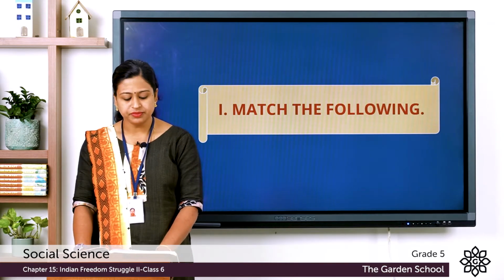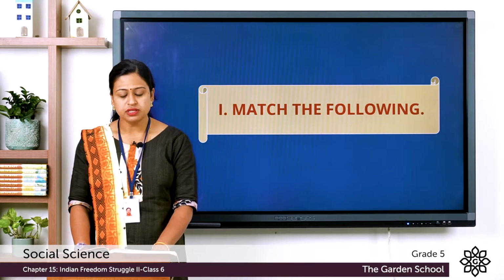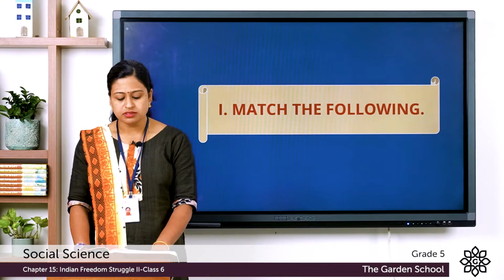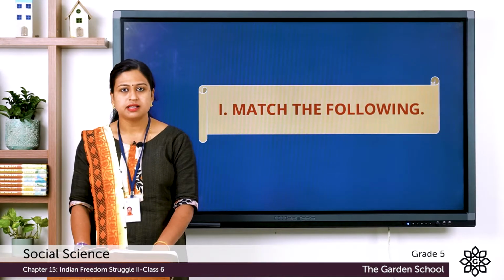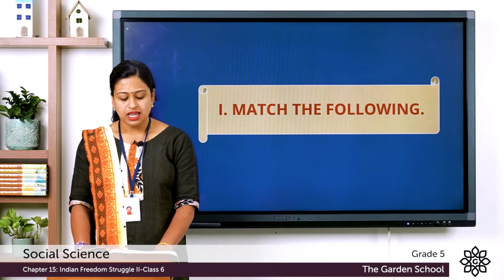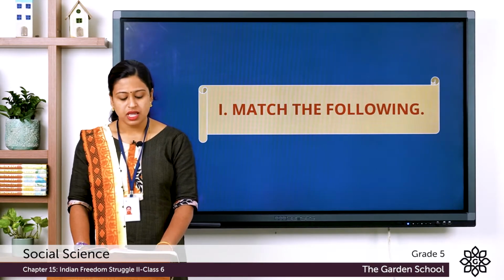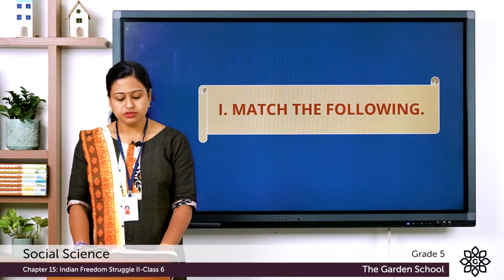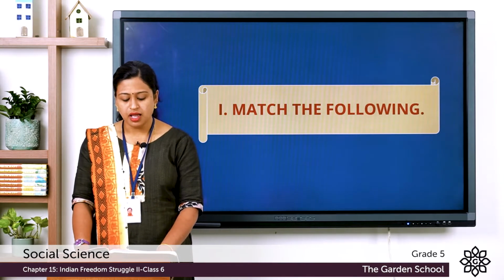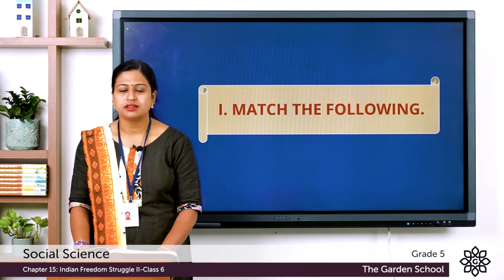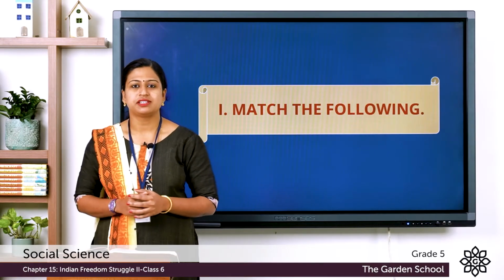The next column: A, the refusal to obey certain laws or to pay taxes; B, rise up against something; C, the right of the people of a country to rule themselves; D, to stop using goods made in England or Europe; E, a person who fights to bring about great changes. So you have to match it.